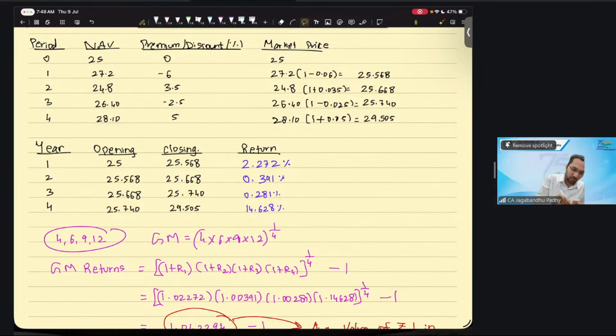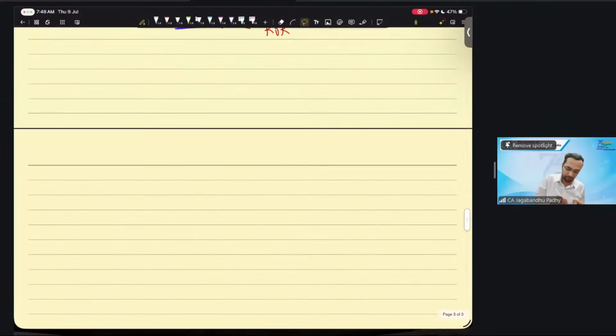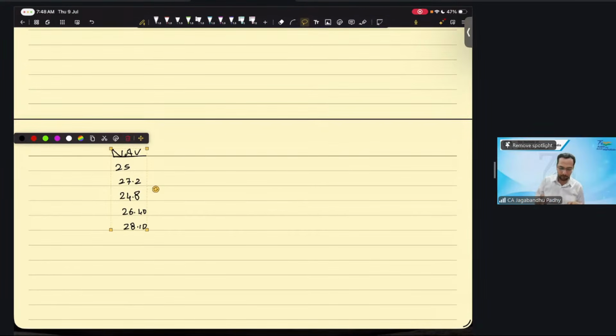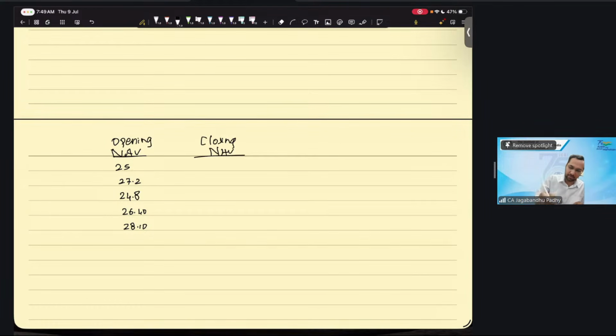So this is your opening NAV, and we need the closing NAV. So closing is 27.2, 24.8, 26.4, and 28.1. So we have here 1, 2, 3, 4.